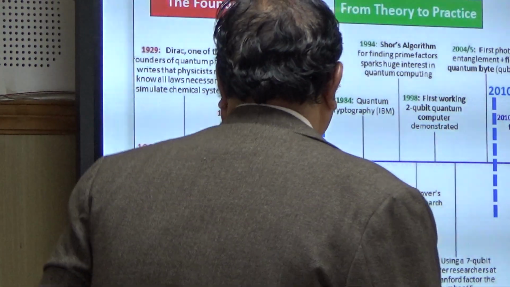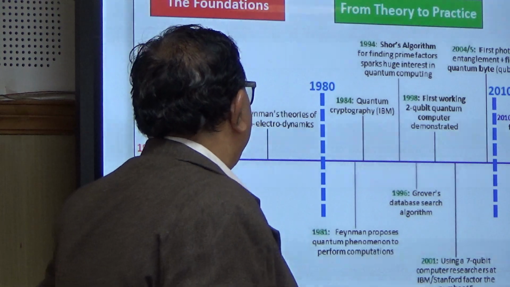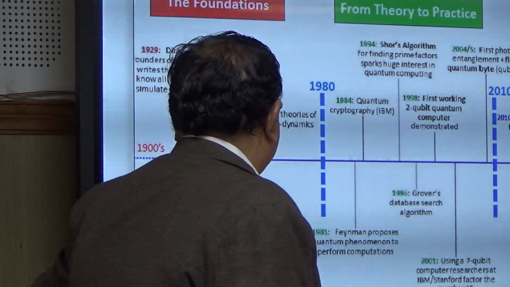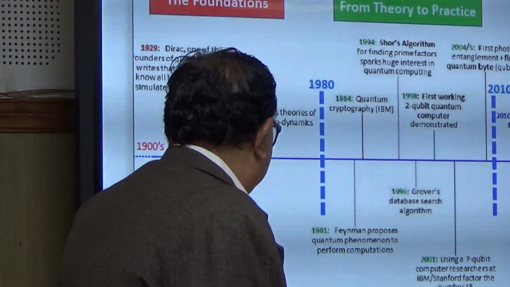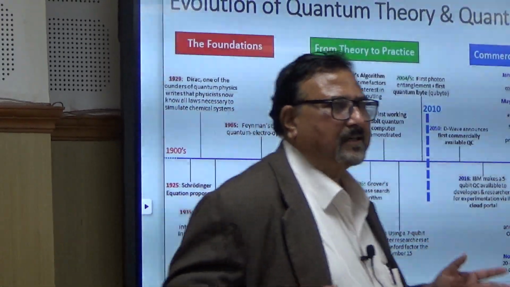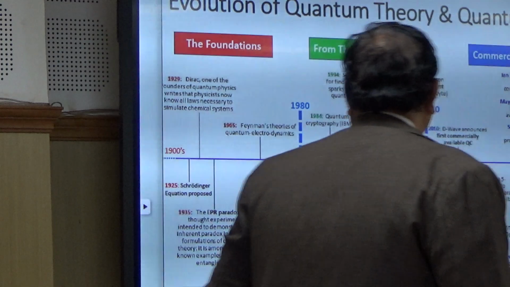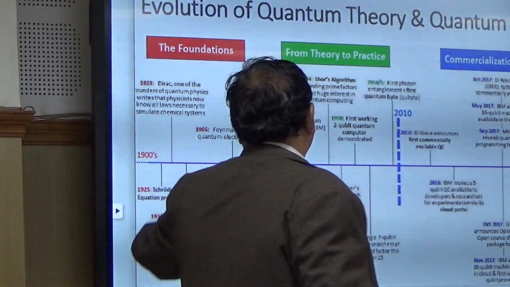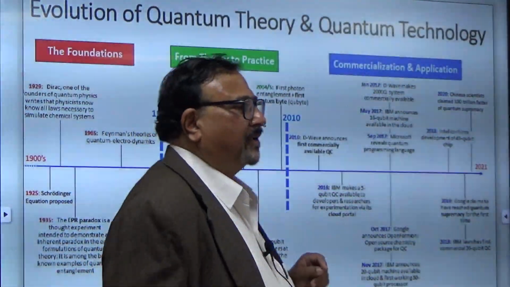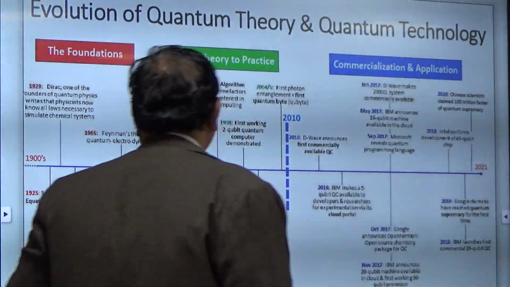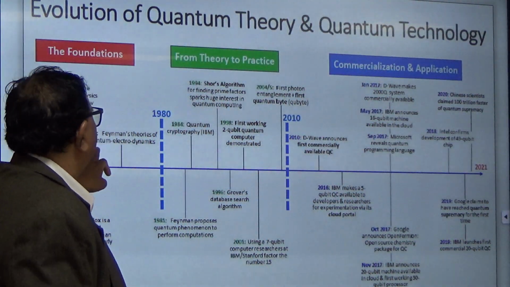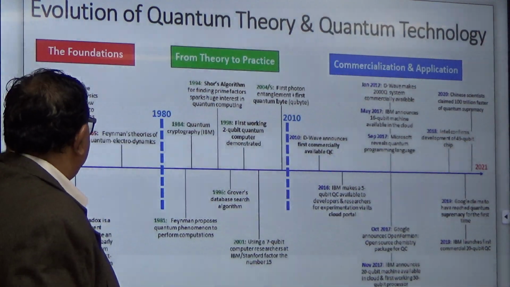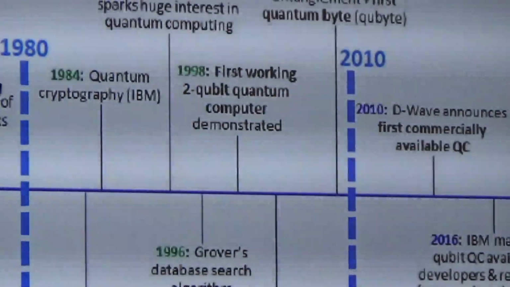And after that, in 1935, the EPR paradox came in the picture, and people started talking about quantum entanglement, quantum theory, use of quantum, and it was 1965 when Feynman came, and he basically gave the theory of quantum electrodynamics. So this is the period of 1900 to 1965.